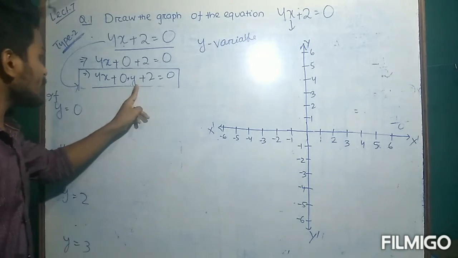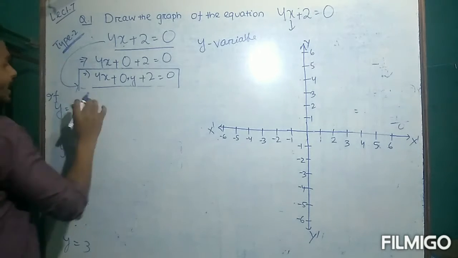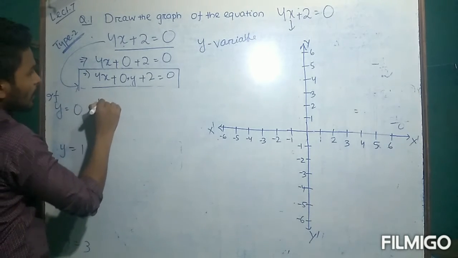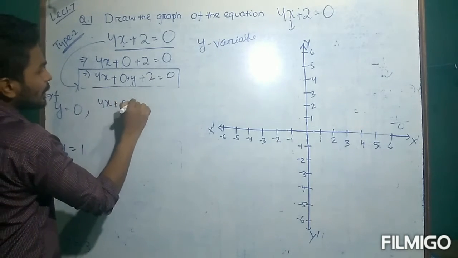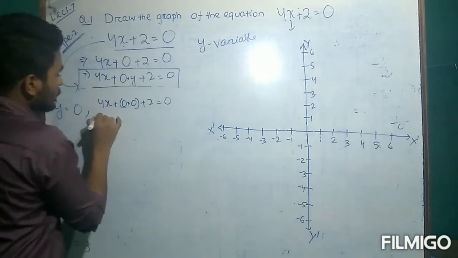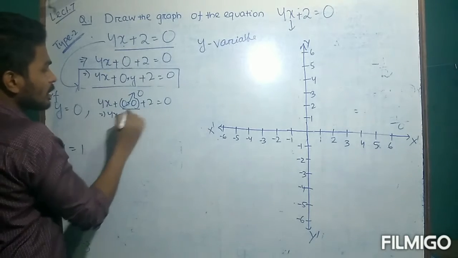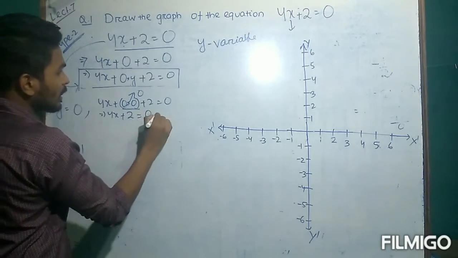So let's find if y is 0. You substitute y as 0 in this equation and find the value of x. If you put y as 0, then the equation will be 4x plus 0 into 0, plus 2 is equal to 0. So 0 into 0 is 0. So 4x + 2 = 0.